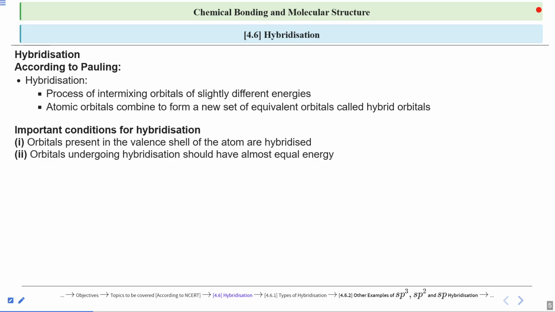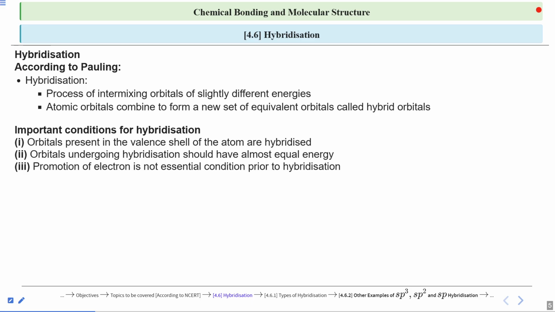At this point we don't know the exact energy differences between the orbitals, and I am hopeful you will not need to. You will never stand in that dilemma, but you should remember this point: always take orbitals for hybridizing which are of almost equal or comparable energy.